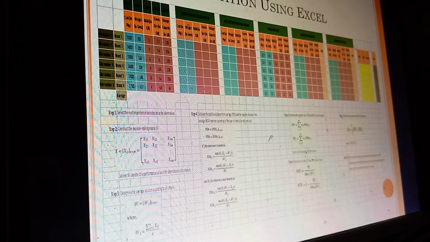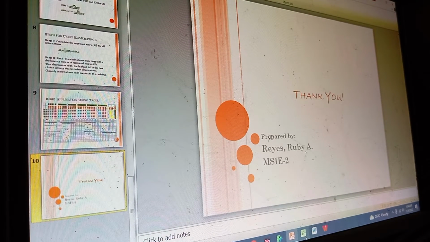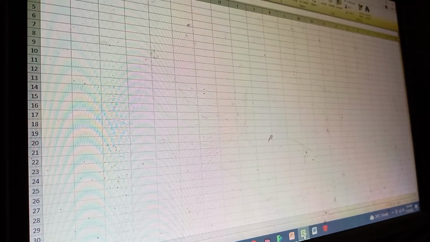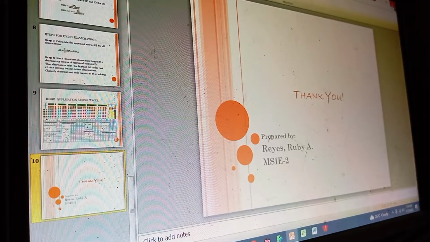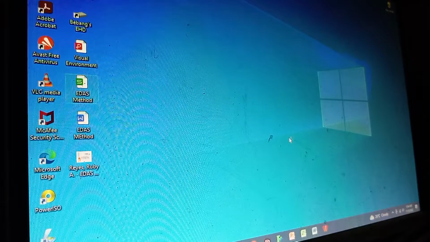So here we have the application of the EDAS method using Excel. I will show you the application using Excel. I have here a sample calculation of the EDAS method.